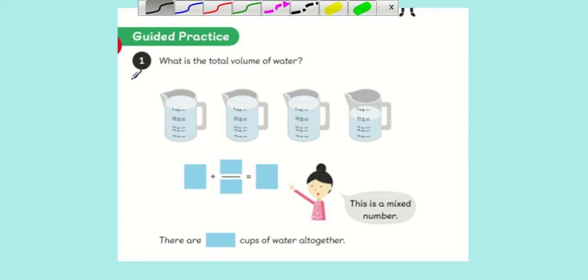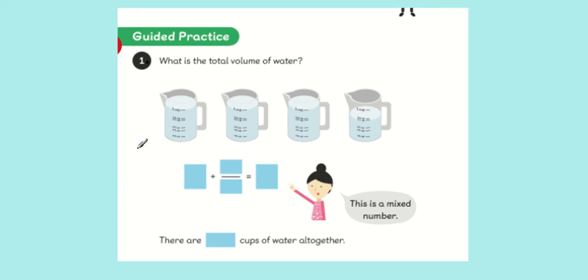Okay, so our first question, what is the total volume of water? Okay then, let's have a look. We've got a whole jug of water here, so that's going to be 1. Okay, another one means 2, and another one means 3. So we're going to have 3 whole numbers.